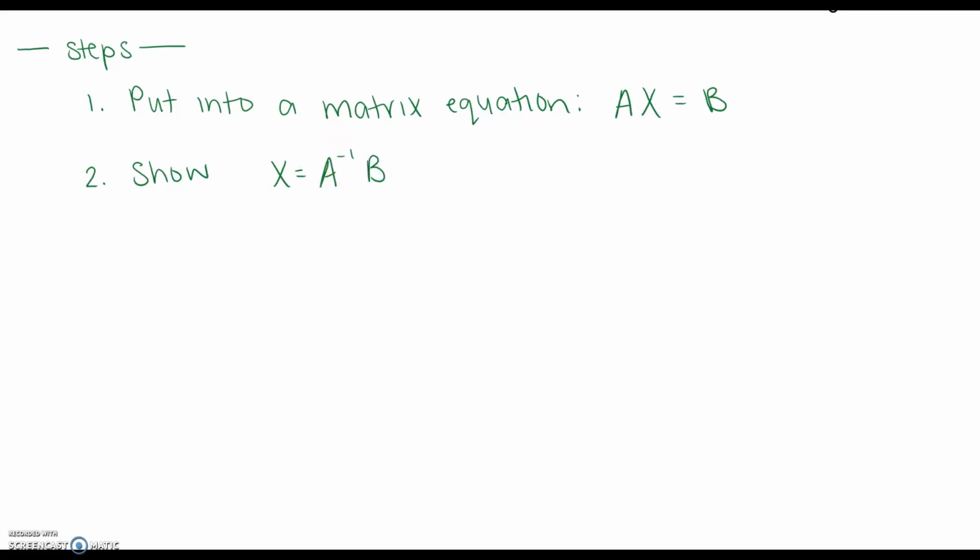And remember the reasoning. We start with AX equals B, and to get rid of X, we multiply by the inverse on both sides, because then we'll be left with the identity matrix times X, which is like multiplying by 1. All we're going to require from you is that you show this line. And then the third thing, you're going to solve using your graphing calculator.